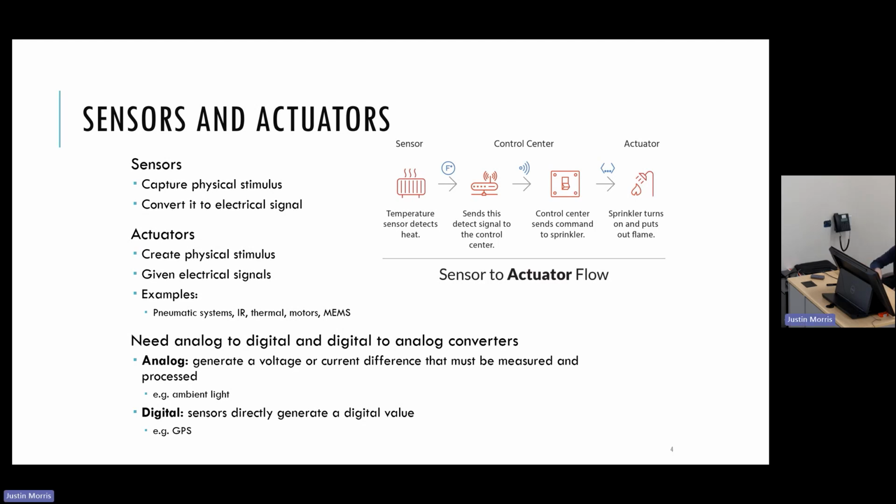So the key here between the analog to digital conversion is we have temperature, which is continuous, right? It's this smooth signal.